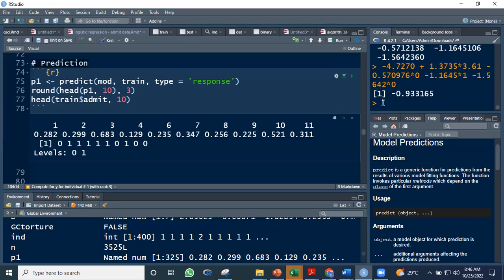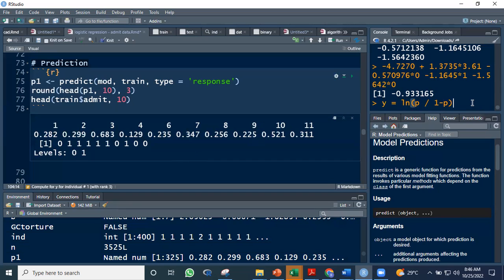So, itong value na ito yung Y. This is your Y. And remember, Y is your ln P divided by 1 minus P. Okay. So, itong negative 0.933, this is your Y. Itong 0.282, this is your P, the probability of being accepted or not accepted.